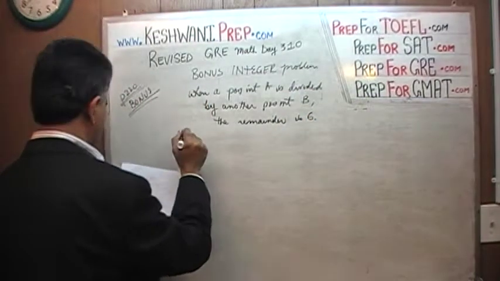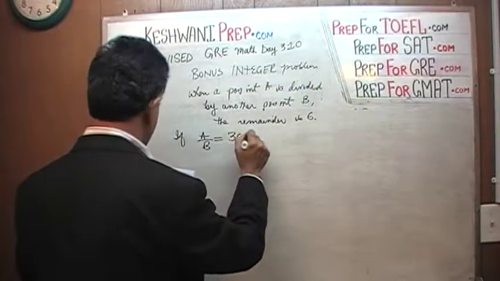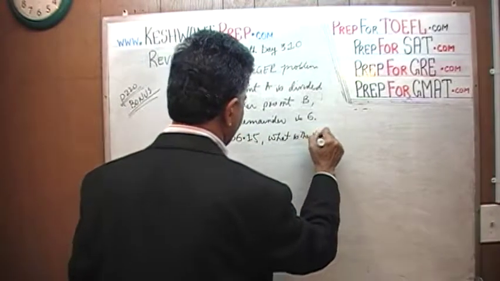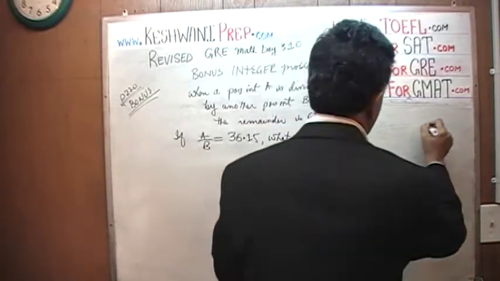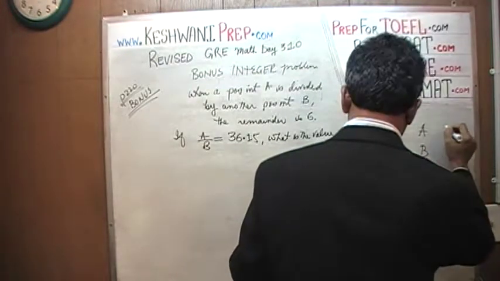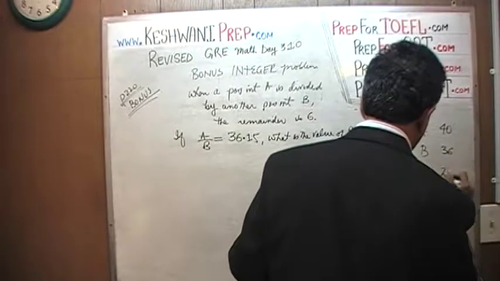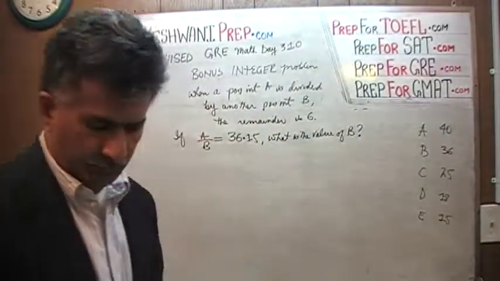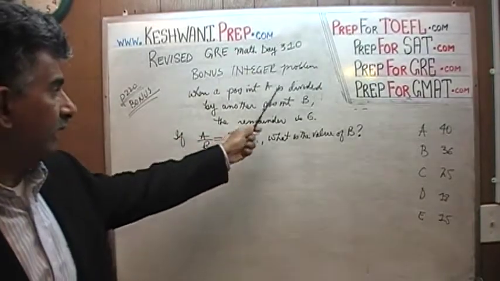If a over b equals 36.15, what is the value of b? And here are the answer choices: A, B, C, D, and E. 40, 36, 25, 18, and 15.